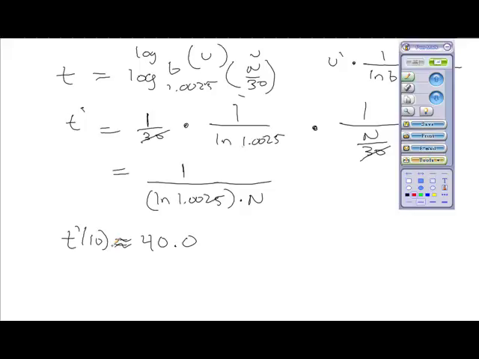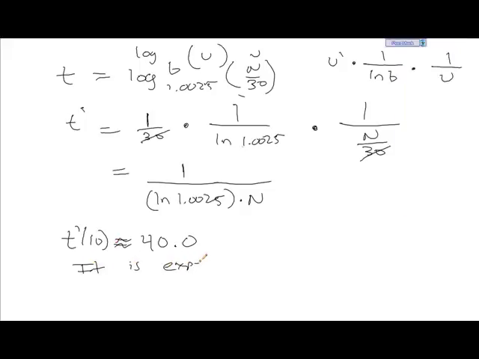So to interpret this, we can say that it is expected that when n equals 10 people are infected, well, what to do with this 40? What are the units for it?